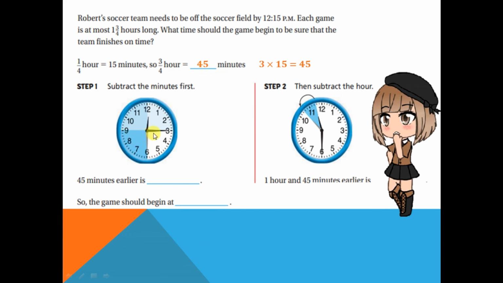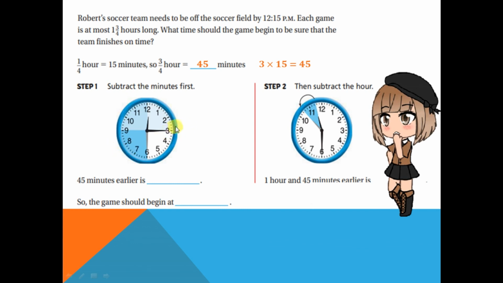Now we should go back 45 minutes. The ending time is 12:15. So this is 12:15, and we go back 45 minutes. Okay, so let's go back this way 45 minutes. So count with me by 5.